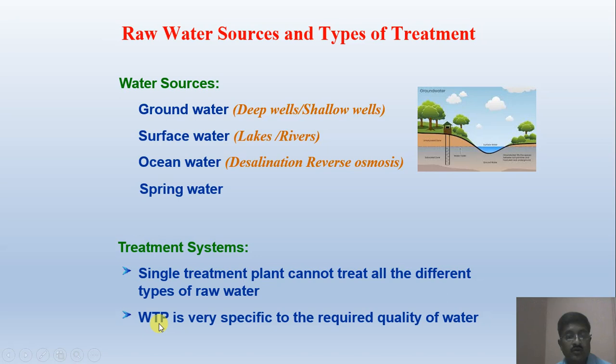Then the water treatment plant, abbreviated as WTP, is very specific to the required quality of water. In the water treatment plant, various units are there, and every unit has its own function, and we have to be very specific regarding the treatment given in every unit.